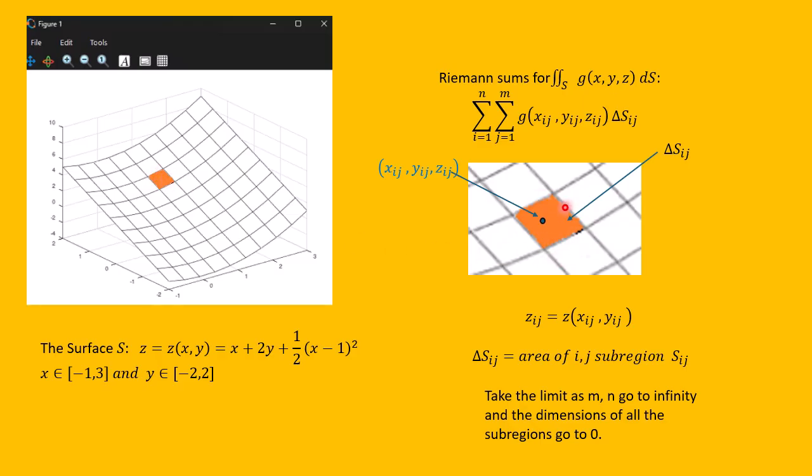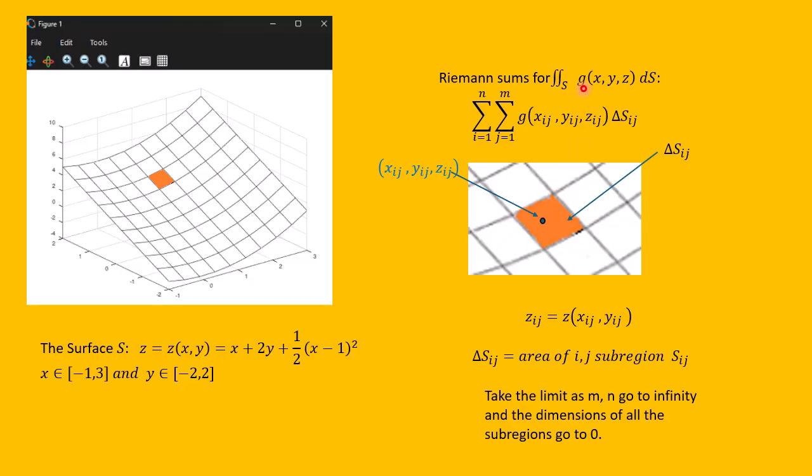This region that's colored is going to be called S sub ij, and the area of this colored region we will call delta S sub ij. So what we're doing up here in this double sum is we're multiplying the value of the function at this point times the area of this little subregion.